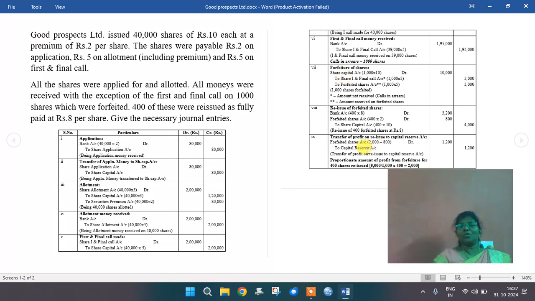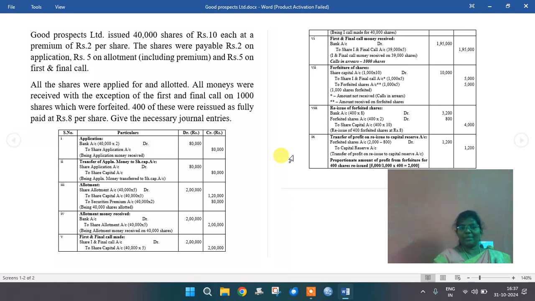Now we are passing on to reissue of shares. 400 shares were reissued at 8 rupees. So bank account debit 400 into 8. And the balance amount you have to take from the forfeited shares account. The actual face value of your share is 10 rupees, but it is issued only for 8 rupees. So 10 minus 8, how much will you get? 2 rupees.